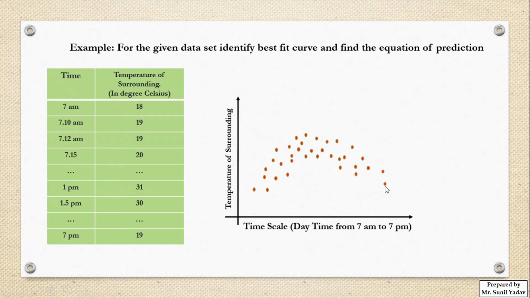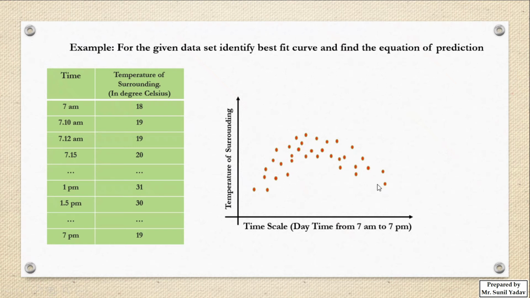Again in the evening at 7 p.m. the temperature was again low. But in the middle, at 1 p.m., the temperature was at the peak. So the nature of the data says that the sample values are in increasing order up to a certain level, and after that the data goes in decreasing order from the peak level up to 7 p.m. So this is the nature of the data.